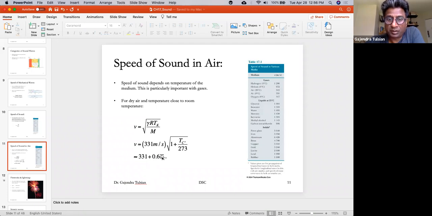Generally, room temperature is about 20 degrees Celsius, so that would add 12 meters per second, and so at room temperature it's about 343 meters per second.